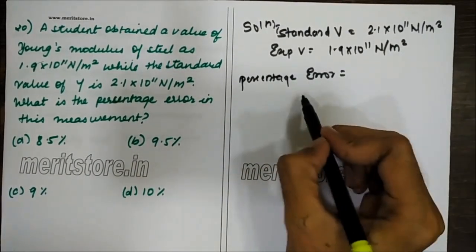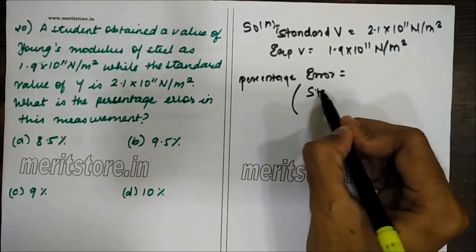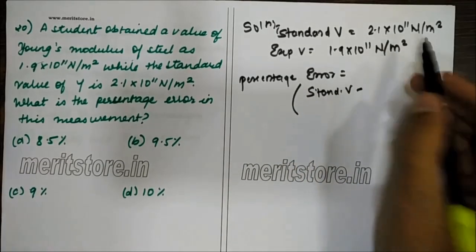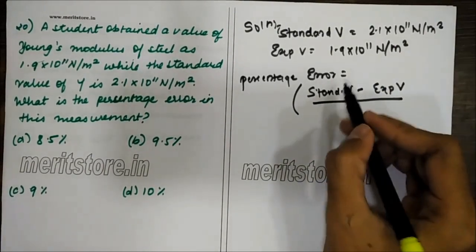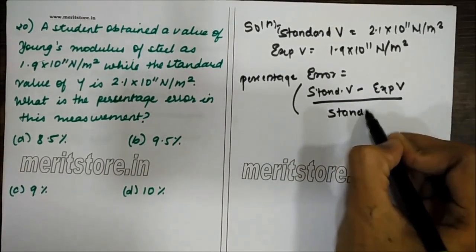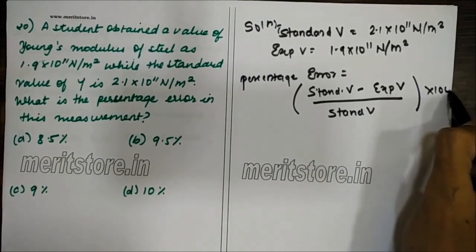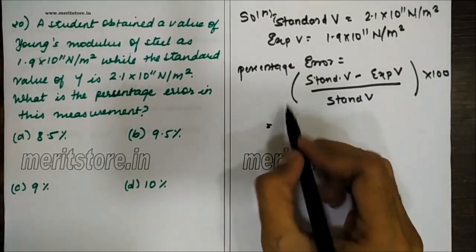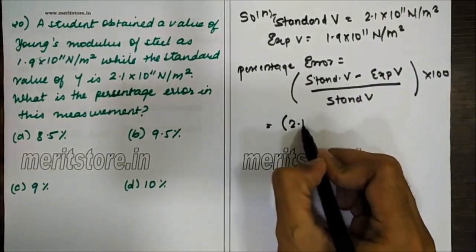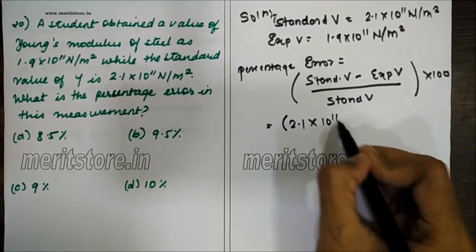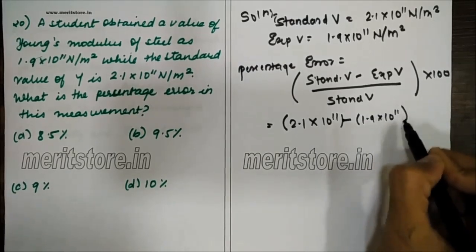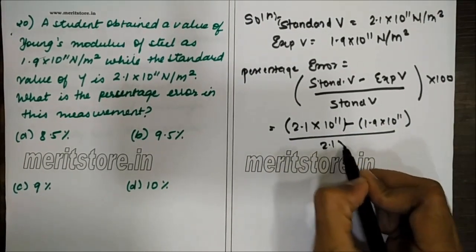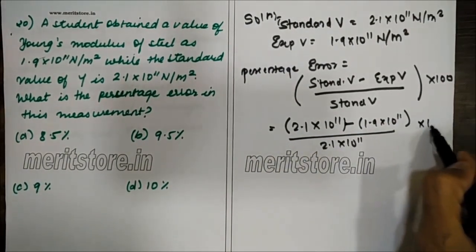So we are calculating the percentage error. The formula comes out to be (standard value minus experimental value) upon the standard value, multiplied by 100. So that is (2.1 × 10^11 minus 1.9 × 10^11) upon 2.1 × 10^11, into 100.